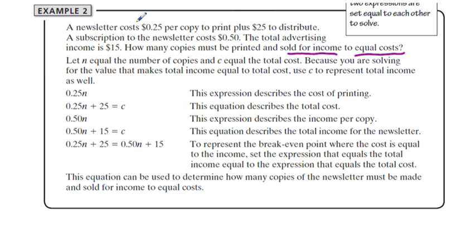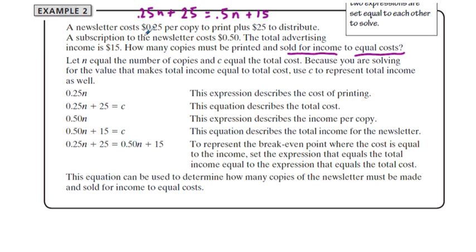And so the cost is going to be 0.25n and then plus $25 to distribute, and then our revenue, our income, is going to be 0.5 times n, and the total advertising income is $15, so plus 15.